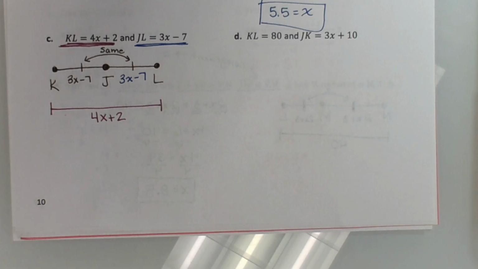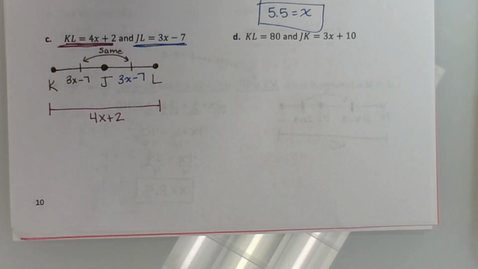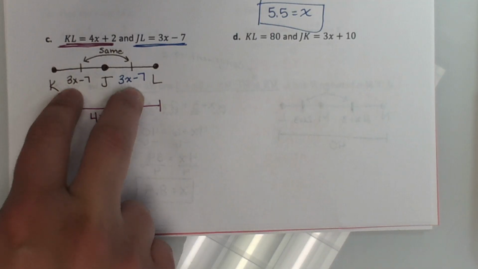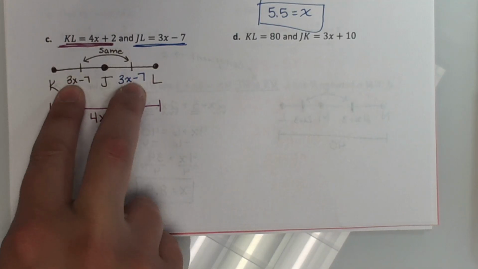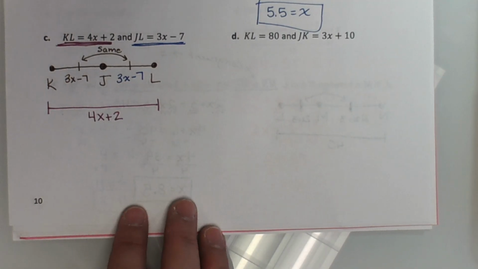It's good to know that they're both 3x minus 7, but setting them equal is just going to get you the fact that 0 is equal to 0, which is a true statement, but isn't telling us anything. To set the exact same things equal to one another is not going to help you. We have to approach this a different way.